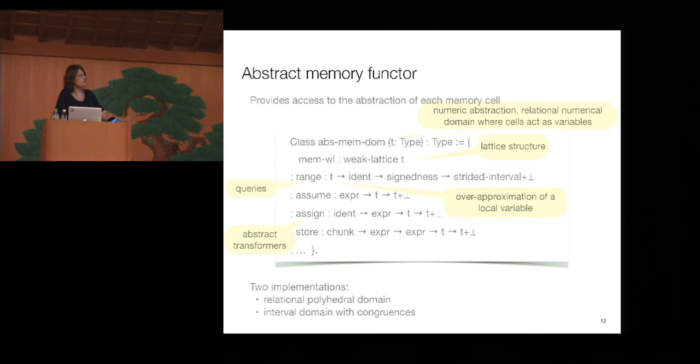This is the interface of our functor, and we have implemented this interface in two ways, using two different numerical domains. For the experiments reported in the paper, we have done two implementations, one using a relational polyhedral domain, a rather complex abstract domain, and another one using an interval domain with congruences.